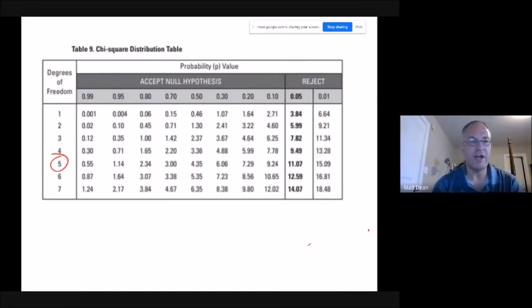And we're going to try to find our calculated chi-square statistic in this row. Well, our chi-square statistic was 8.6, which means it's somewhere right in here. We then read up to find out what the p-value would be. So our p-value is somewhere between 0.2 and 0.1. It's a p-value that's greater than 0.05.